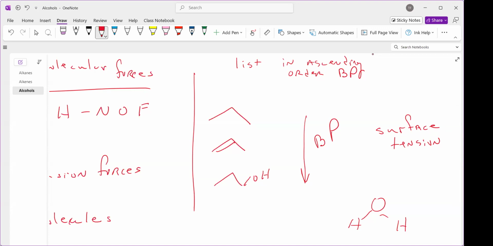So water is incredibly high IMF, so its surface tension is very sticky. That's why mosquitoes can land on water and not gasoline.